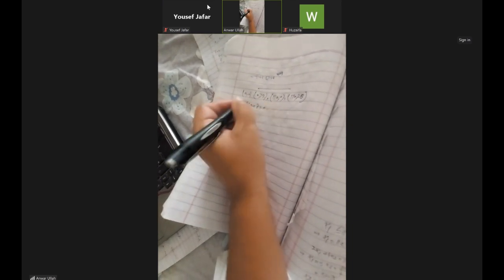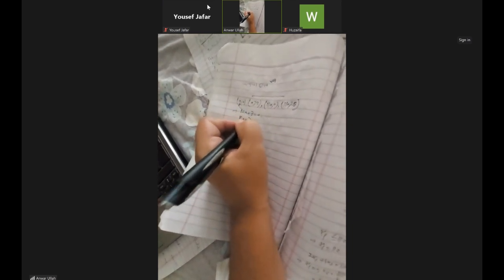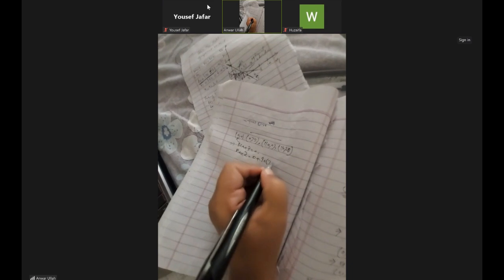So putting all these, we get a maximum z is equal to 0 for this first one. For the second one, we get maximum z is equal to 0 plus 90 into 75. For the third one, we get maximum z is equal to 110 into 40 plus 0. And for the fourth one, we get 110 into 40 plus 20 into 90. So this one is the maximum. You understand it?